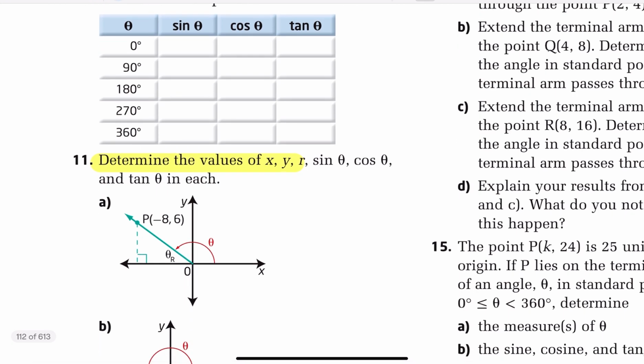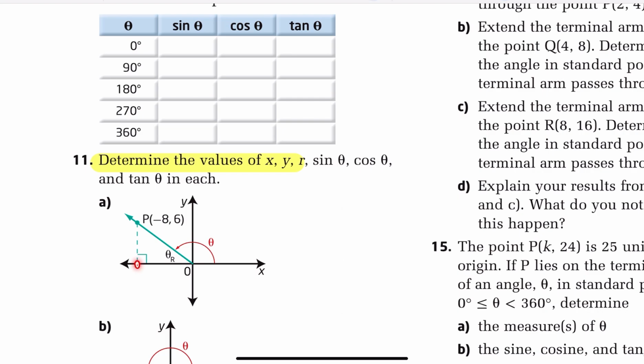Number 11. Determine the value of x, y, and r, and sine, cos, and tan in each example. Very easy stuff. So you already know this is your p, so p is minus 8.